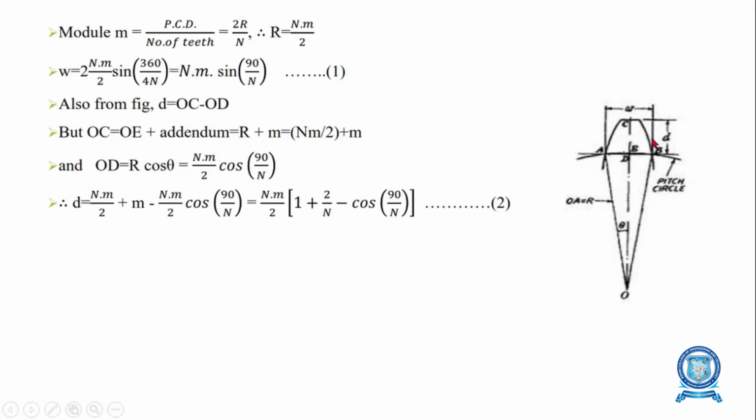OD is equal to R cos theta, which is NM divided by 2 cos 90 divided by N. So D is equal to NM divided by 2 plus M minus NM divided by 2 cos 90 divided by N, which is equal to NM divided by 2 times 1 plus 2 divided by N minus cos 90 divided by N.